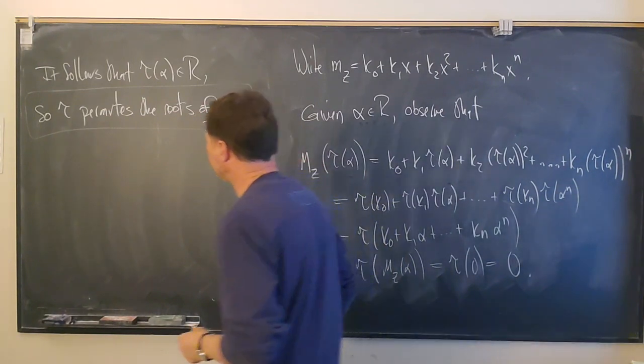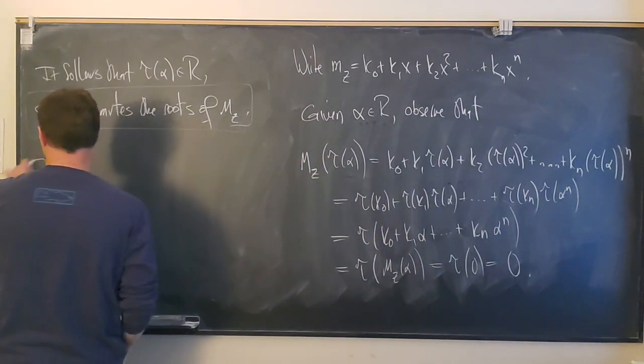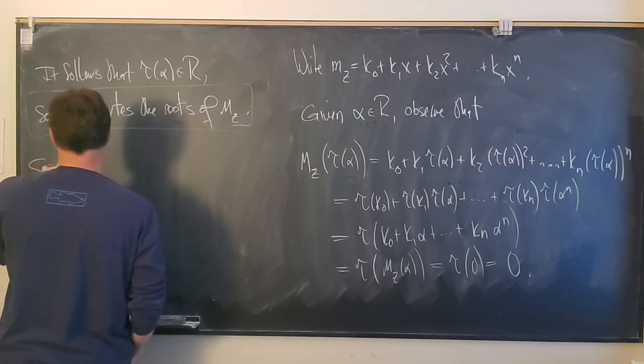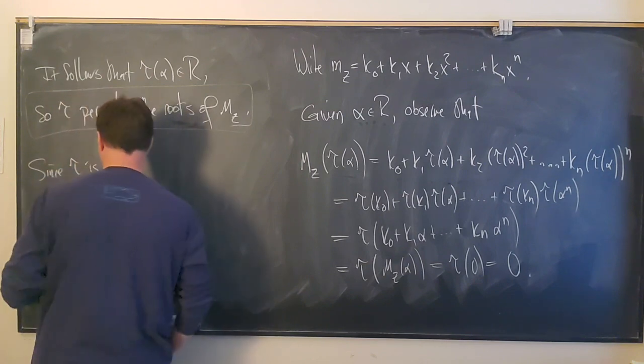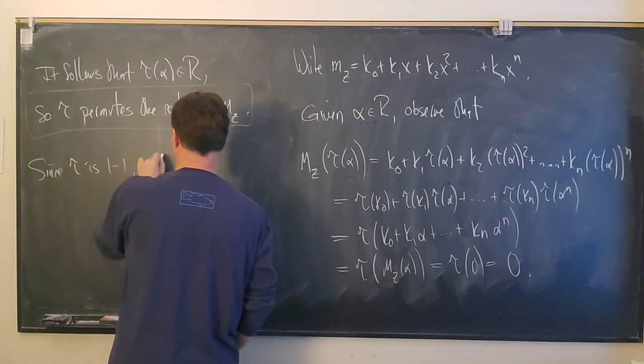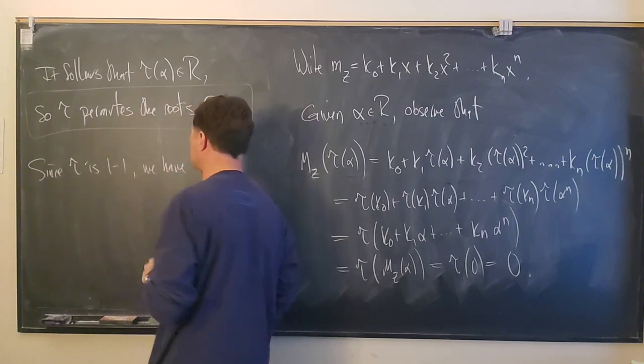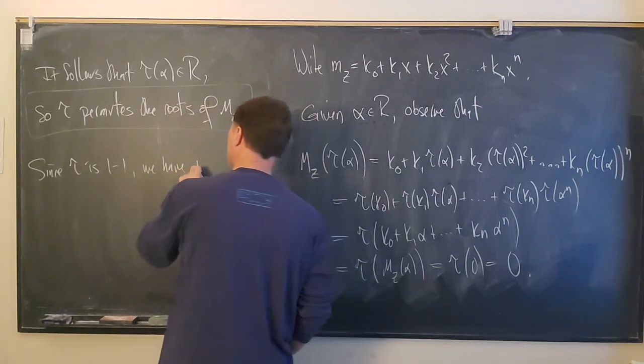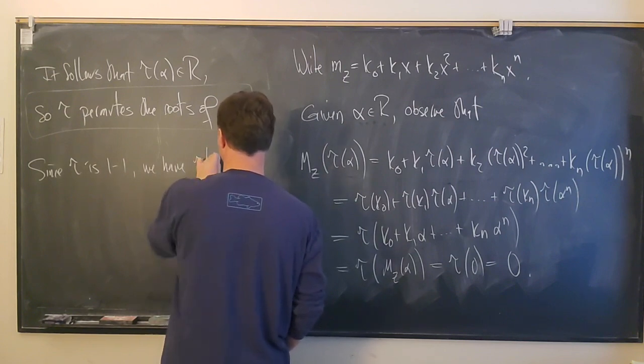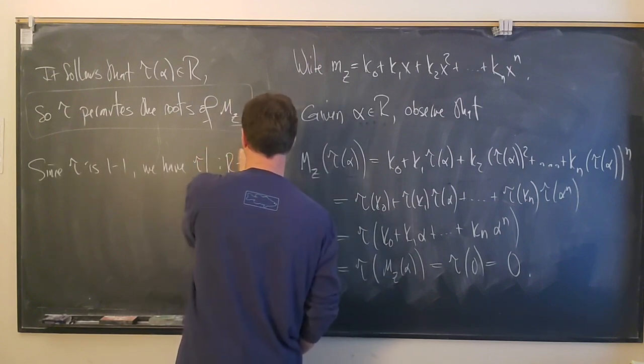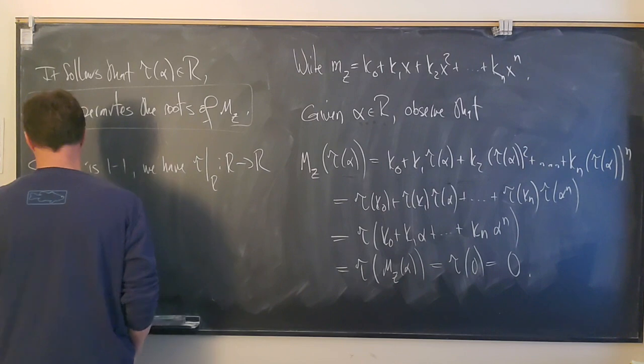Okay, so now since tau is 1-to-1, that would mean that the restriction, tau restricted to R, from R to R, is 1-to-1.